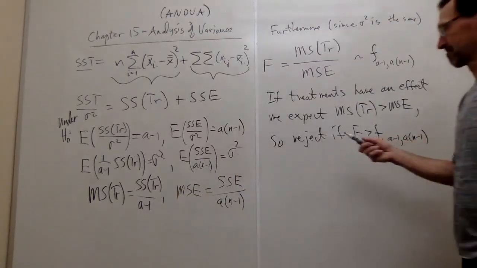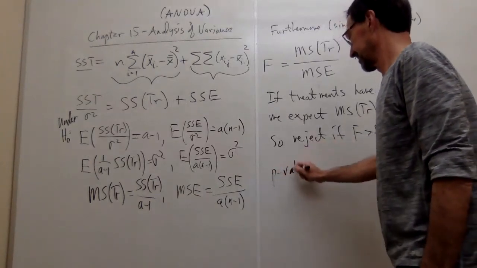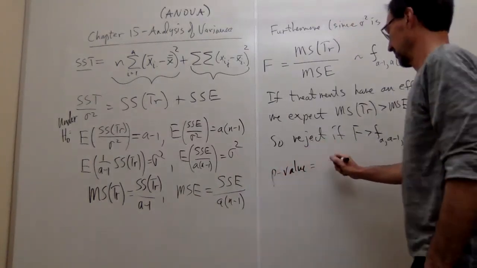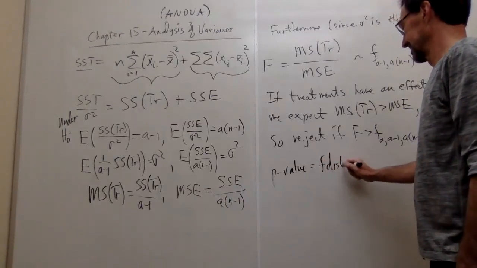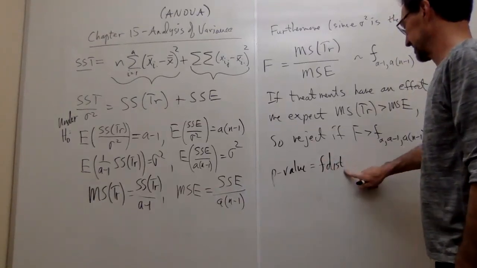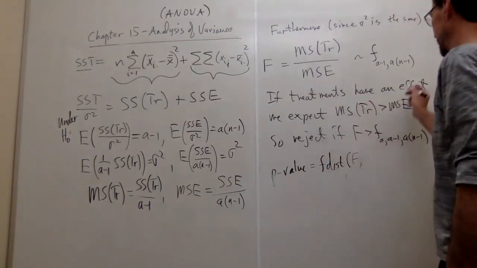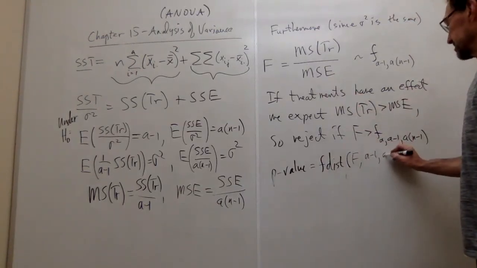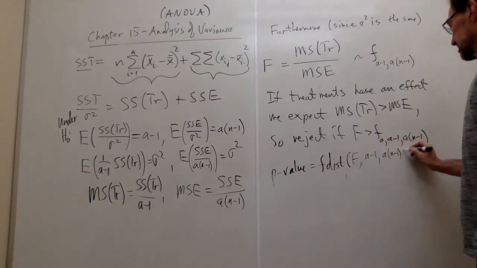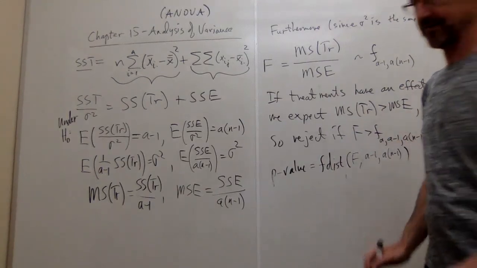We could also calculate a p-value. It would be F.DIST, parenthesis, our F value followed by degrees of freedom. And we could compare that to alpha.